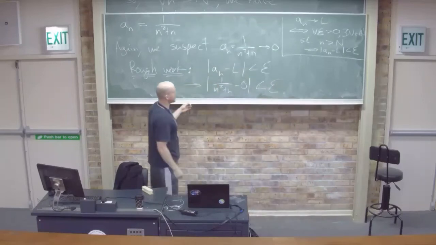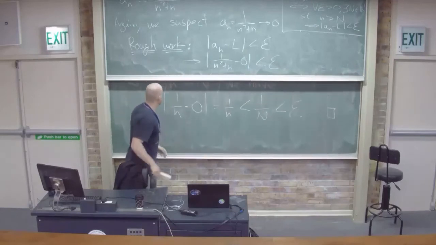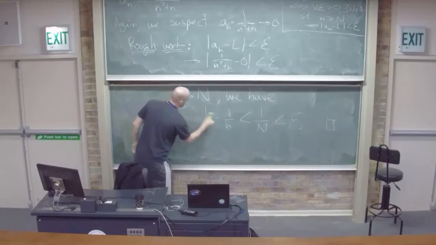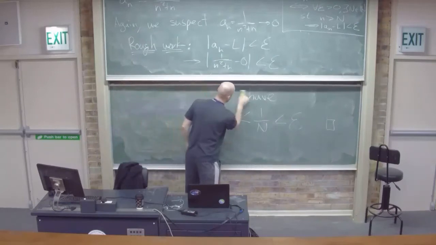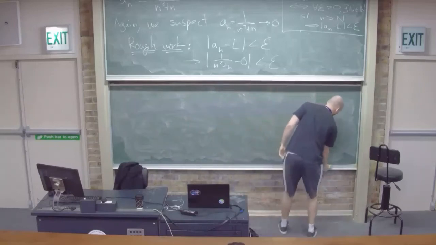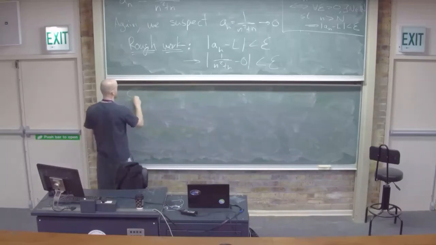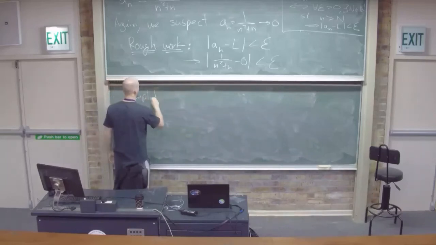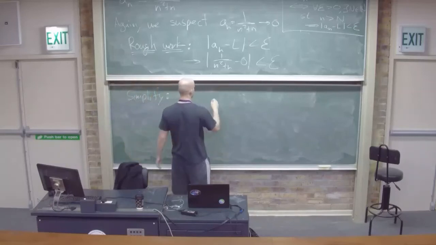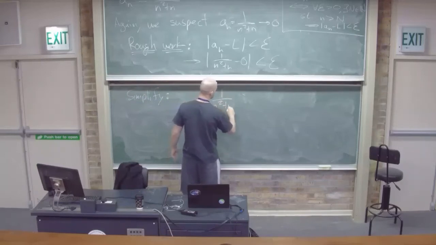Just subbing into our definition at first, and then we simplify. In this case, simplifying is just an easy step. It doesn't require us to do much. We're just looking at this object.